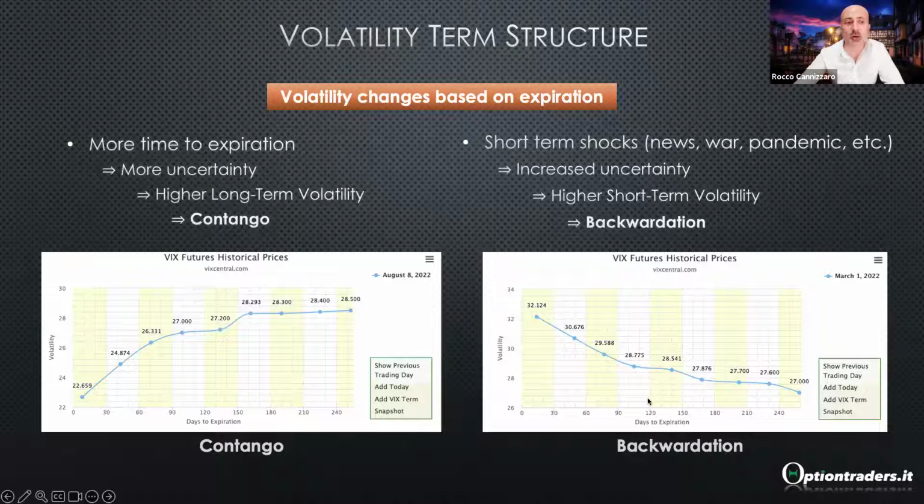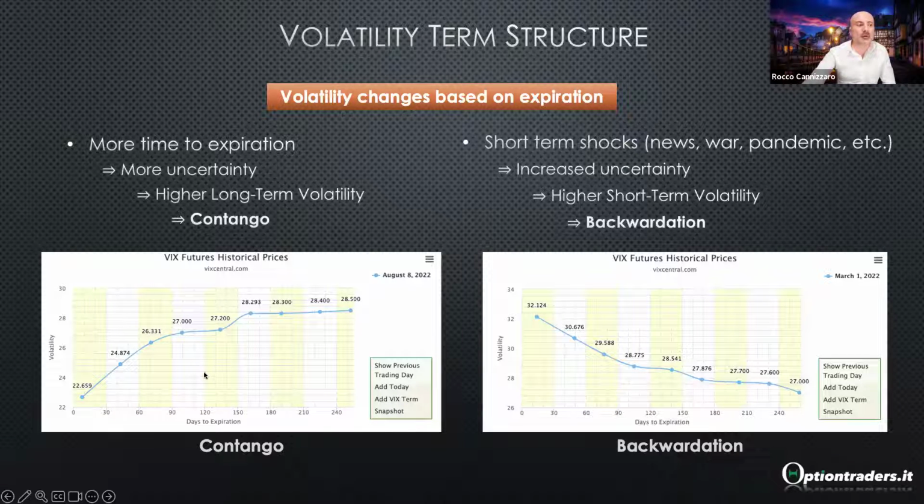And if there is a condition of backwardation, that's definitely a better condition to enter and buy a calendar, because it's going to be cheaper than buying it in normal conditions. Plus, especially if you're talking about the SPX or the SPY, contango is the typical behavior of the market, where when nothing too crazy happens, as you go farther in time, the volatility increases.